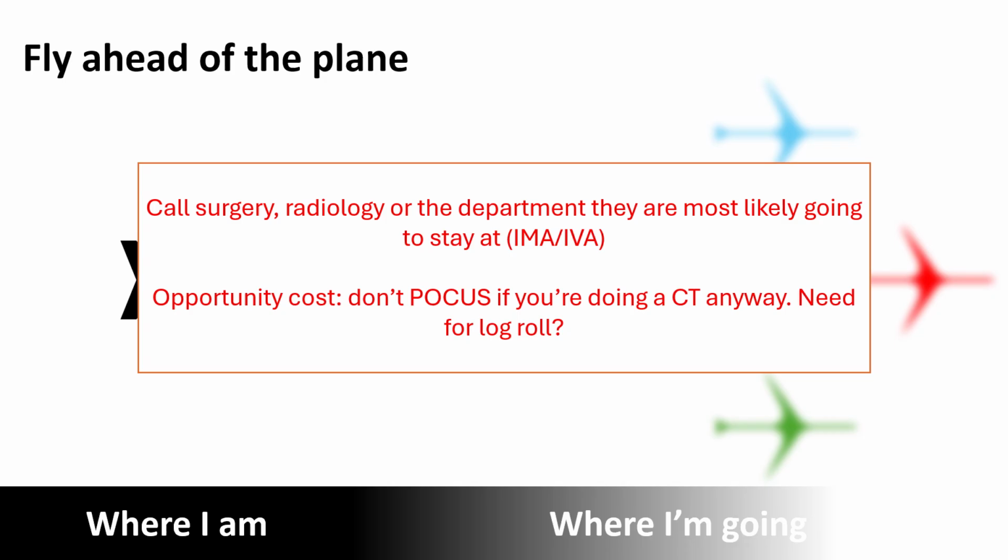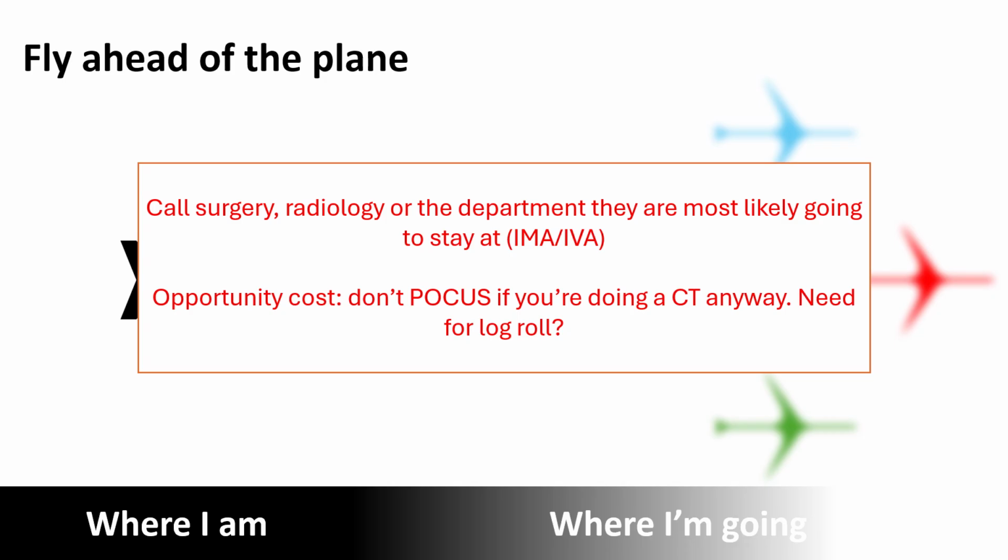And there's another thing that we have to think about here as fly ahead of the plane. That is the opportunity cost. And now we're moving a little bit ahead into the treatment, but opportunity cost in emergency medicine is a central thing. A lot of the examinations that we can do in the emergency room or the resus bay are not dangerous.